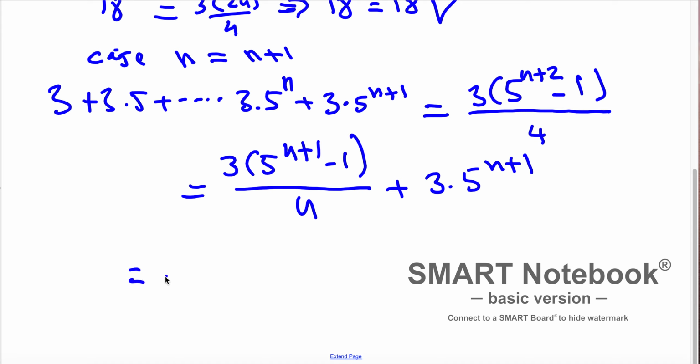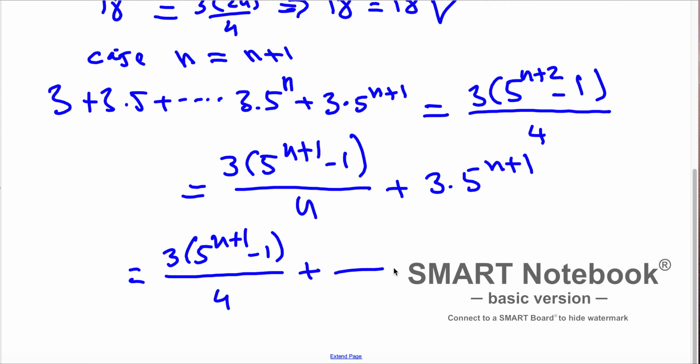And to work on the right side, let me write here a 4. So this one I'm going to rewrite everything: 3 times (5^(n+1) - 1), and on the other hand, this part, 3 times 5^(n+1), I am multiplying by 4, because I want to make the same denominator.